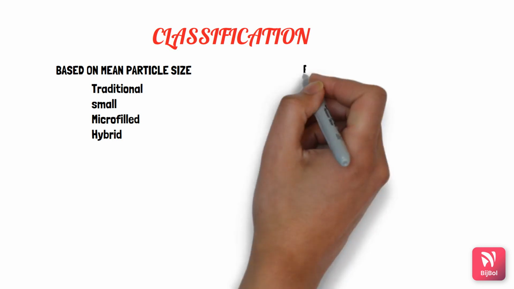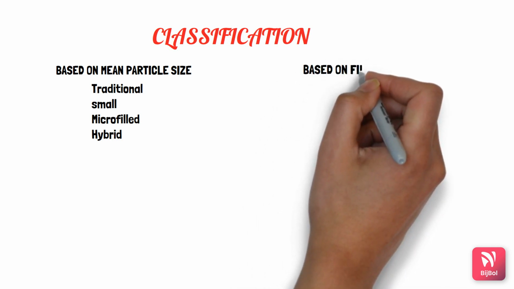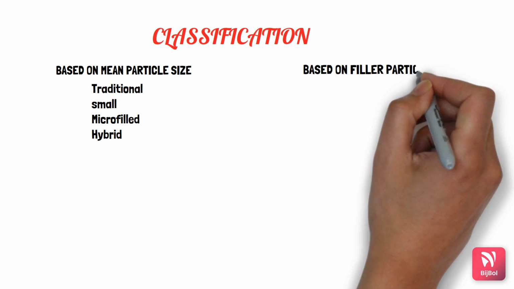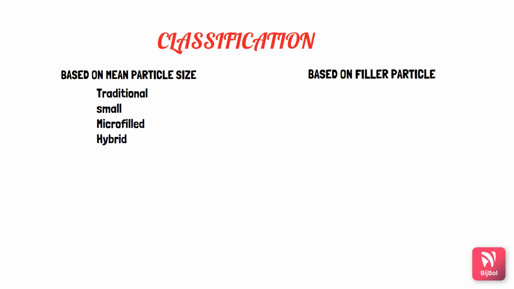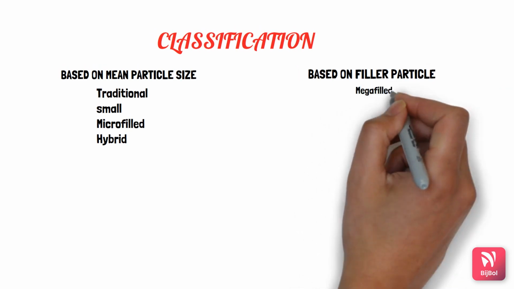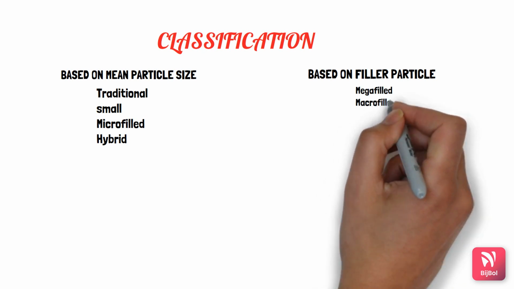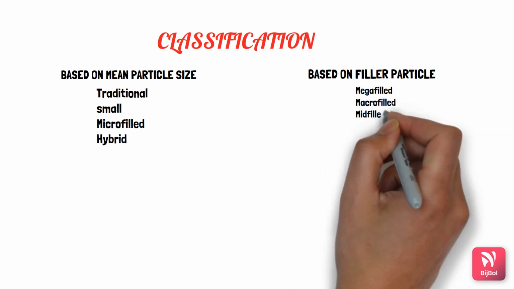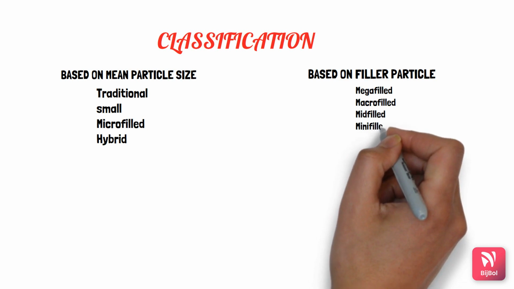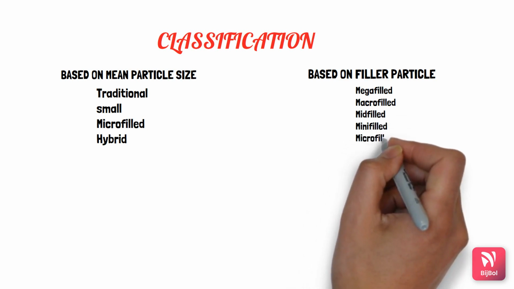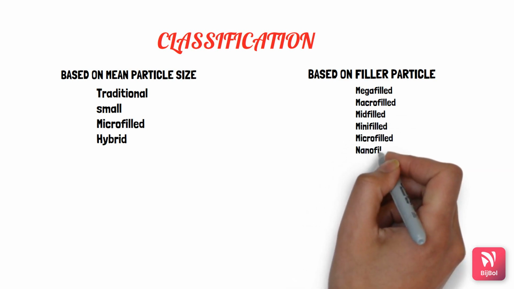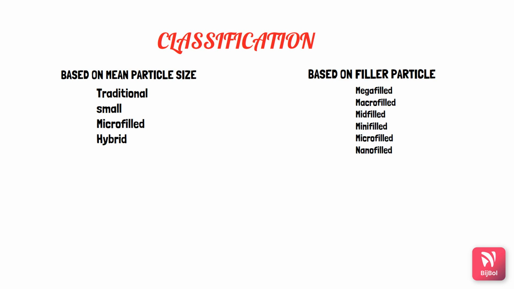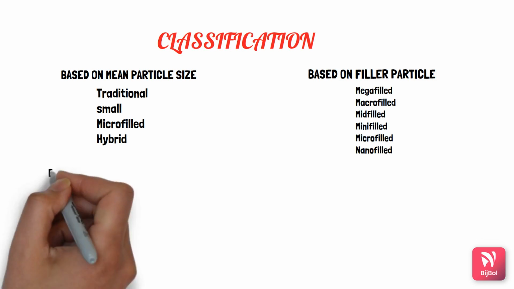micrometer. Based on the filler particle size and distribution, they are again classified into the mega-filled composites, which are very large fillers, and the macro-filled composites, which is 10 to 100 micrometers, mid-filled composites, which is 1 to 10 micrometers, whereas the mini-filled composites are 0.1 to 1 micrometer, micro-filled composites, and the nano-filled composites.